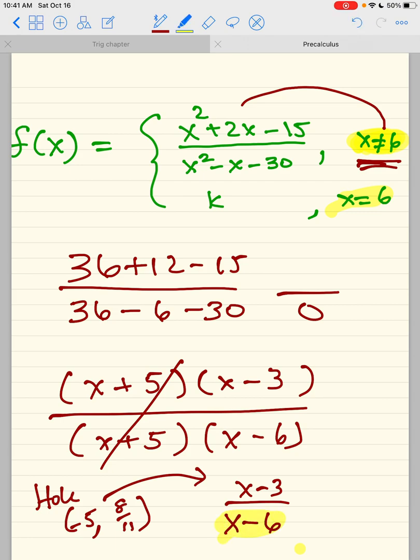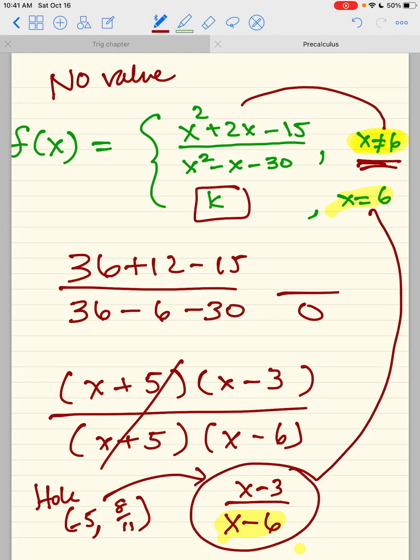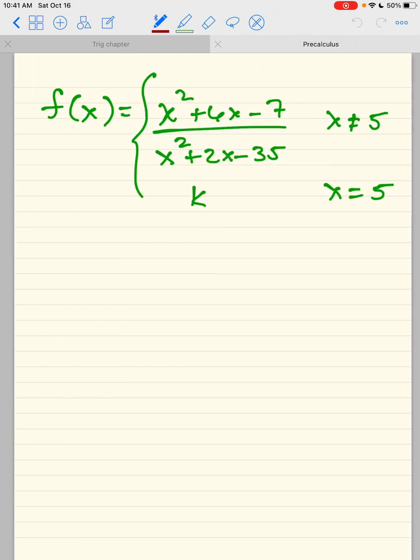At 6, there's a vertical asymptote. This could never, ever, ever work. No value of k will make this ever work. I hope everybody sees that. You try to put the 6 into the reduced version. And also, guys, remember, unless it's 0 over 0, it doesn't exist if there's a 0 on the bottom.